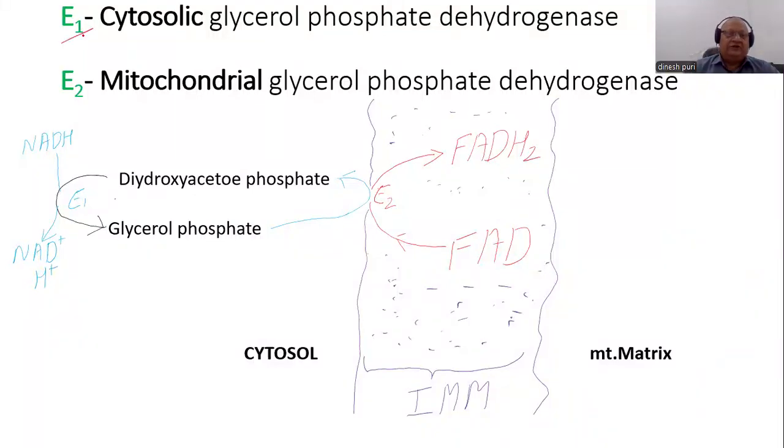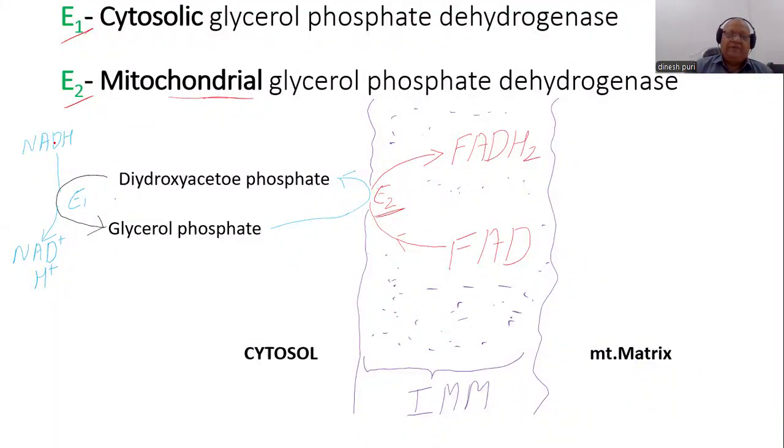There are only two enzymes: cytosolic glycerol phosphate dehydrogenase, and another one by the same name, but it is mitochondrial, present in the inner mitochondrial membrane. It's an integral membrane protein, E2, embedded in the inner mitochondrial membrane.